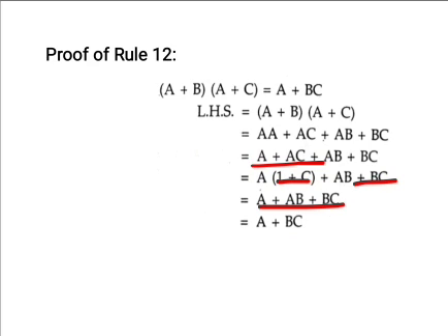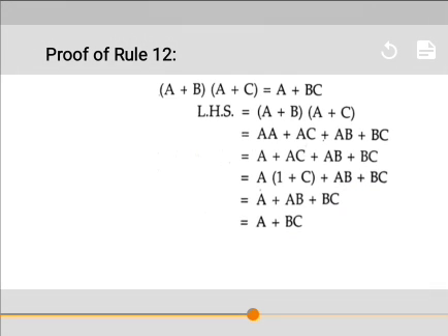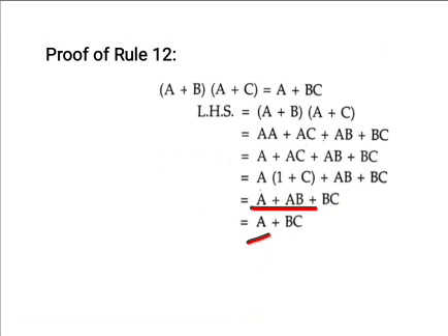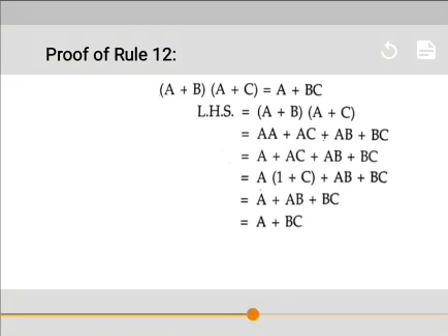So, that equals A plus BC, because you know the rule number 10, A plus AB equals A. So, the rule number 12 says A plus B into A plus C equals A plus BC.